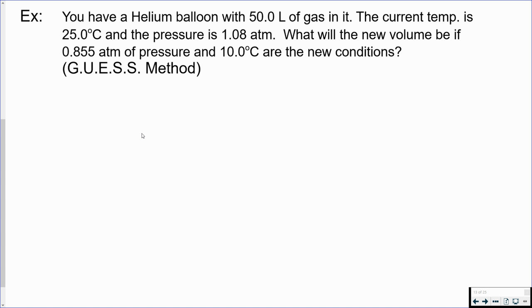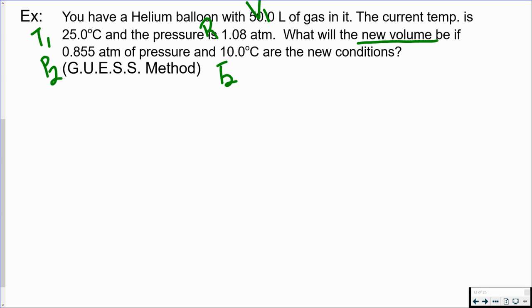With the first one, we have a V1 of 50.0 liters, a T1 of 25 degrees Celsius, and a P1 of 1.08 atmospheres. We're going to try to calculate V2 if P2 is 0.855 and T2 is 10 degrees Celsius.